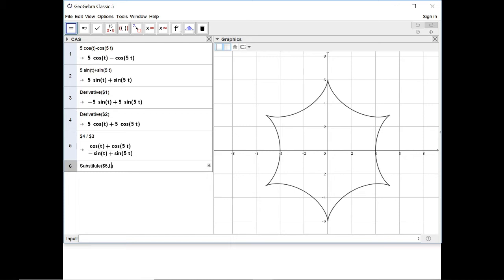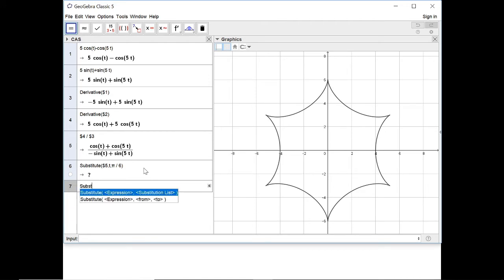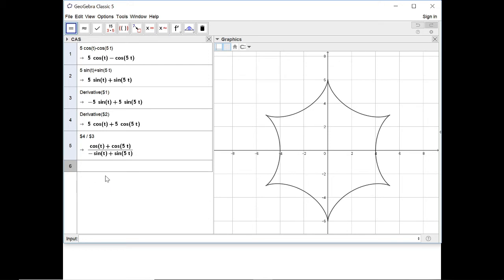I want t to be pi by 6, and it just gives me a question mark. It doesn't have a definition for the derivative at t equals pi by 6. It can't work it out. And similarly, if I substitute t equals pi by 2 into expression 5, the same thing happens. I get a question mark. So I'm just going to delete these so that I can tidy things up a bit.